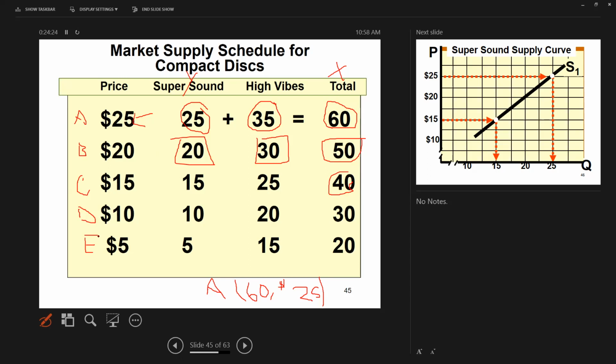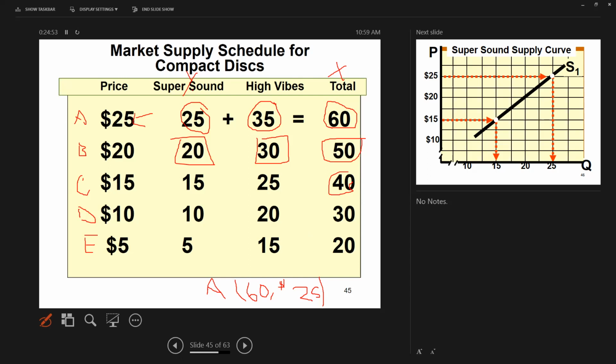Okay, I'll give you a couple of minutes. When you write down the coordinates for a point, I like to call it the name of that point, just to make it easier. You do whatever's on the x-axis first. For supply and demand, quantity is always on the x, price is always on the y. So I just put an x and a y here so I don't get confused. The x value always comes first, that's quantity.